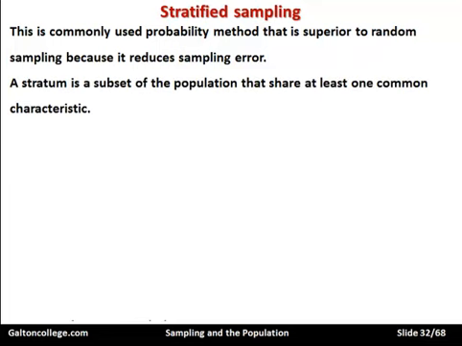A stratum is a subset of the population that share at least one common characteristic. So in stratified sampling, a stratum is the basis for selection.